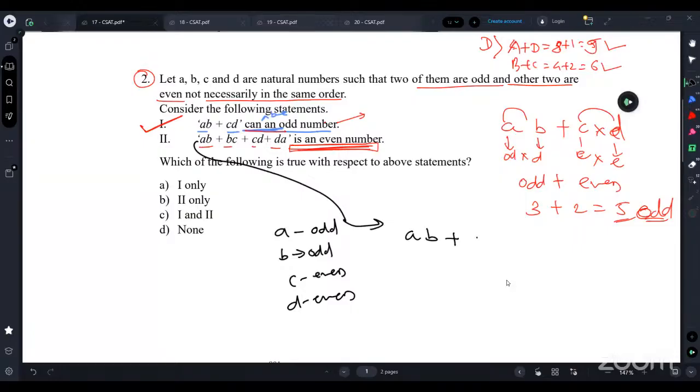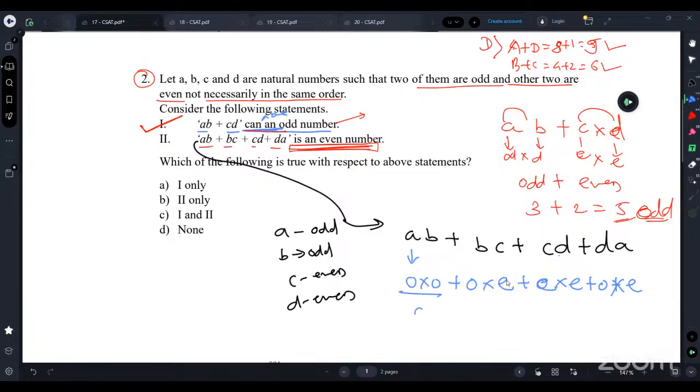AB plus BC plus CD plus DA. Now A into B is odd into odd. Similarly, BC is odd into even. CD is even into even, since C and D both are even. And DA is even into odd. Now see guys, odd into odd will always give you an odd number. Odd into even will give you an even number.